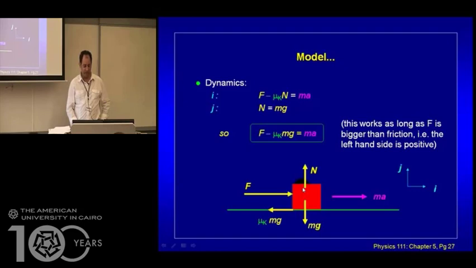So if we look at the x-axis, we have a positive F minus the frictional force equals mass times acceleration. And if we look along the y-axis, we'll find that the normal force minus mg equals 0, because there is no motion along the y-axis. And from that we get that the normal force in that case equals mg.